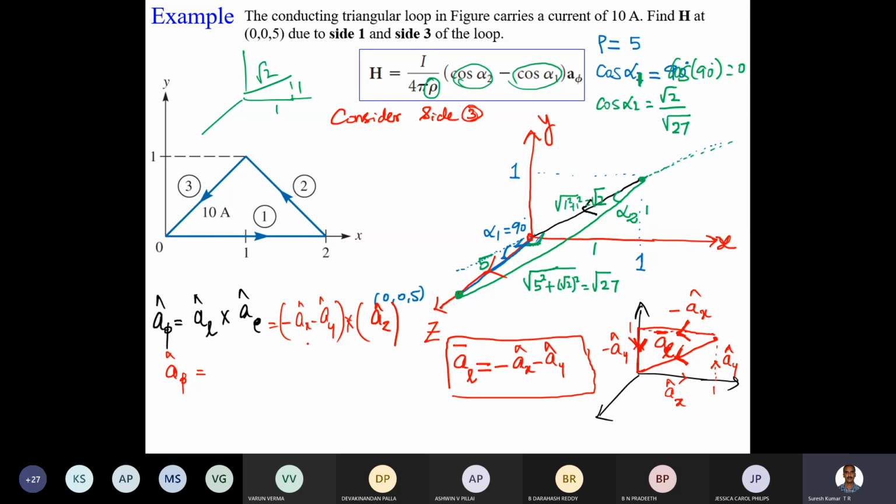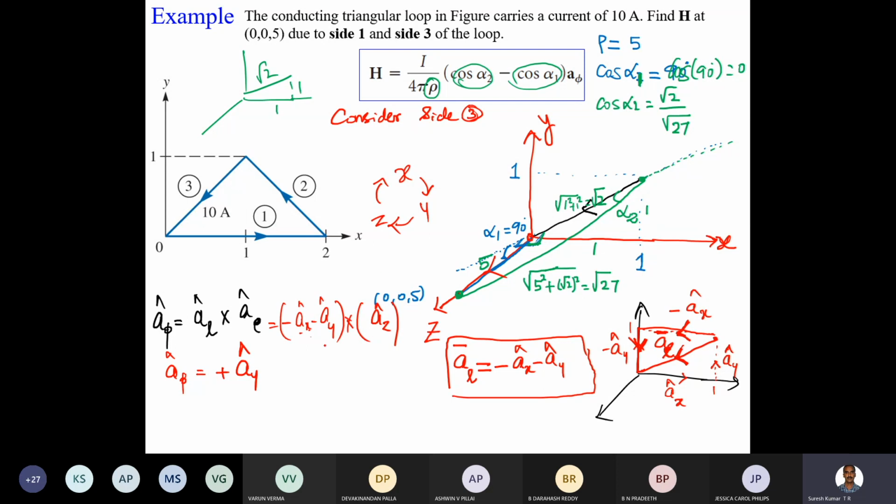So if you take the cross product, you will get AX cross AZ. Use the cyclic rule. AX cross AZ, you are going in the reverse direction, so that will be a minus. Already there is a minus, so it will be plus. AX cross AZ gives plus AY.